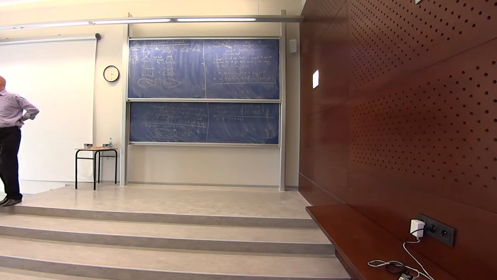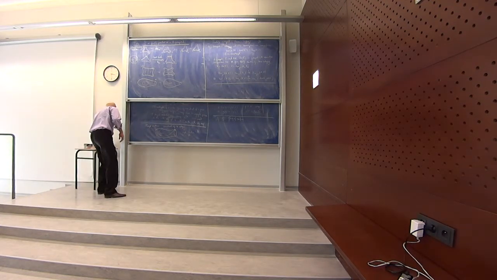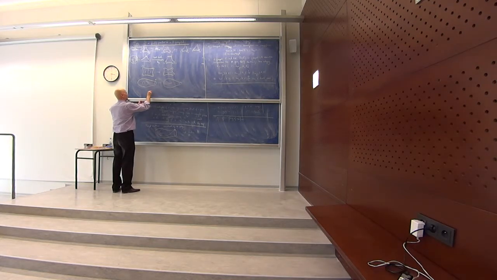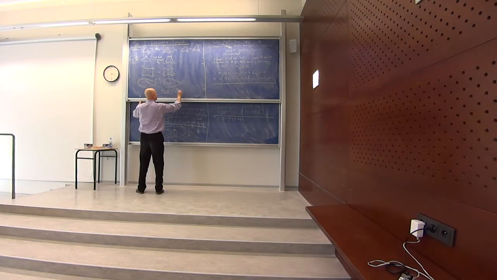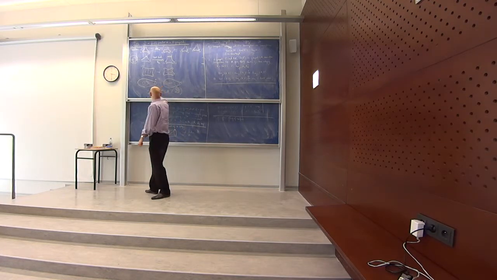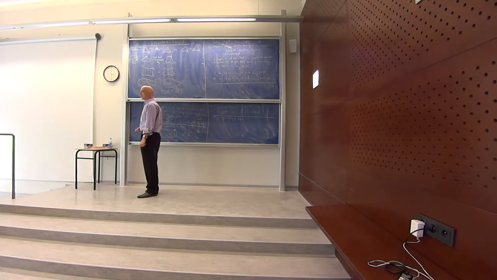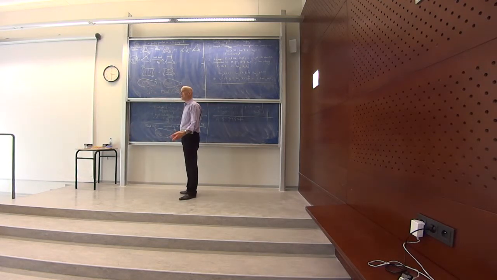You're going to define the Grothendieck-Teichmüller group, right? This Grothendieck-Teichmüller group is exactly the automorphism group of D. But it is D hat, because he worked in the profinite category.